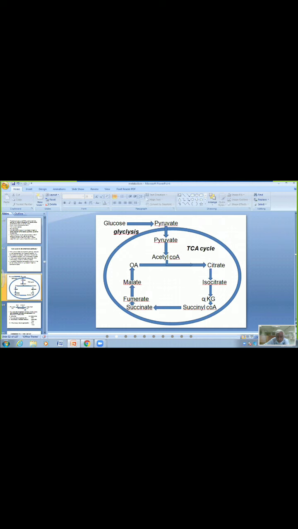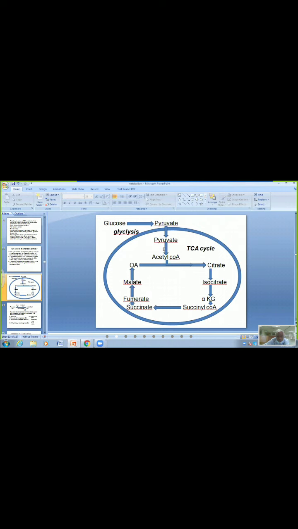Here, one thing you should remember: when pyruvate is converted to acetyl-CoA, pyruvate is a three-carbon compound and acetyl-CoA is a two-carbon compound. Naturally, there is loss of one carbon. This one carbon is used for synthesis of carbon dioxide.